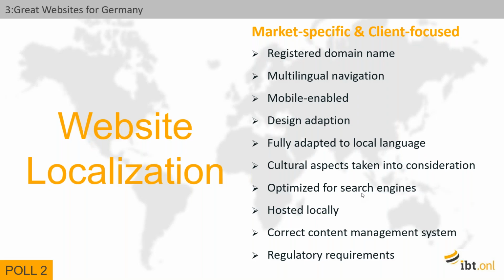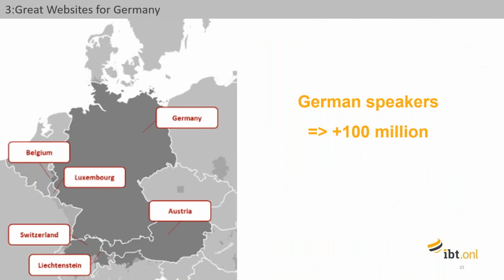Now let's look a little bit more at German websites. The first thing I wanted to mention comes down, I guess, to size. We talked about 82 million people in Germany. When we do localized websites in German, we typically find that we can have a bigger reach than Germany itself.